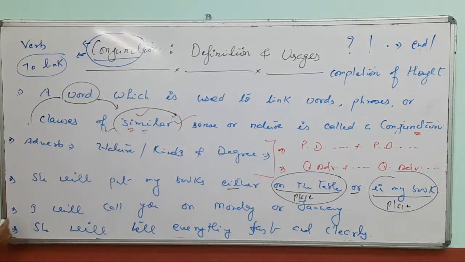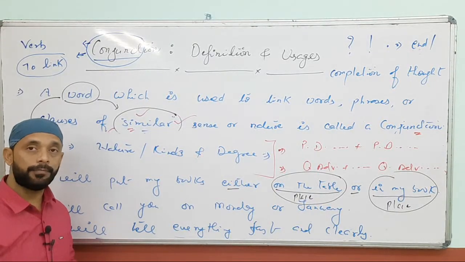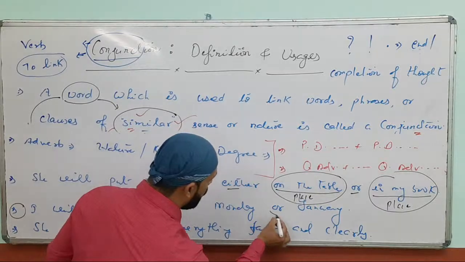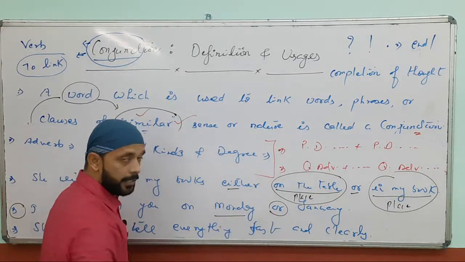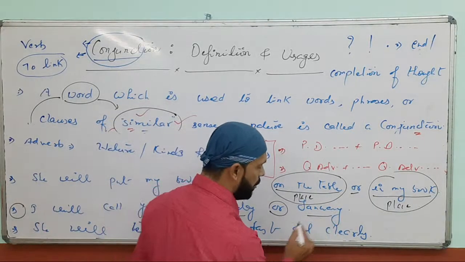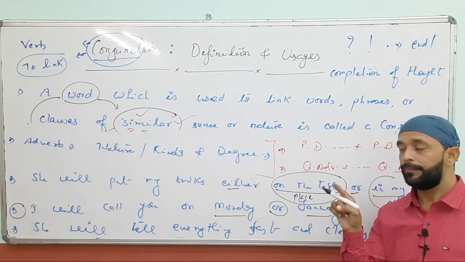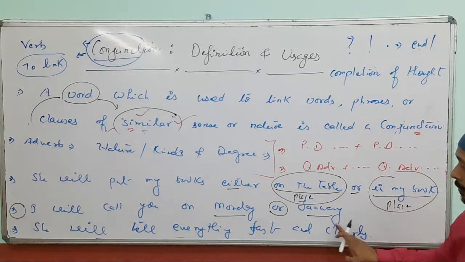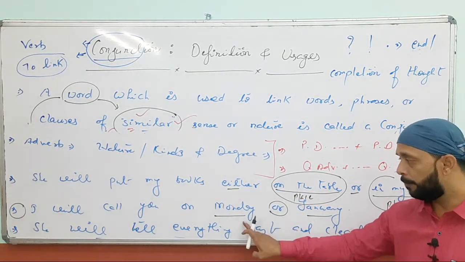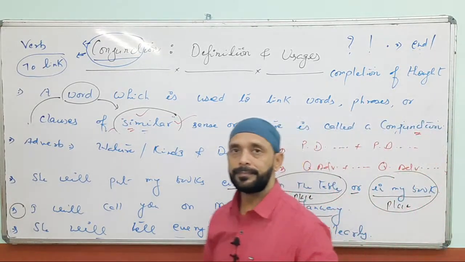Okay, see here, you will find some problem. I will call you on Monday or January. See the difference. It is or, that is the conjunction used here. Monday is a time, January is a time. Okay, both are time, of the same nature. January is a point of time, and Monday is also a point of time. Both are points of time, so adverb of time is not an error.